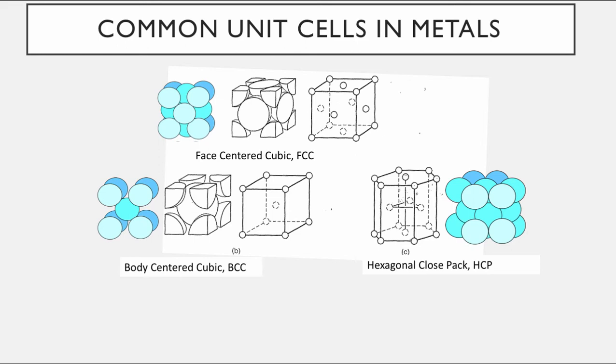And then finally, the hexagonal close pack, where we would see that you have a hexagonal pattern repeating, so on the top and bottom, instead of a cube, it's a hexagon shape with an atom in each intersection of the hexagon, so 6 on the top, 6 on the bottom. Of course, those are all shared with neighboring unit cells, so you'd only have 1/6 of the atom for your particular unit cell.